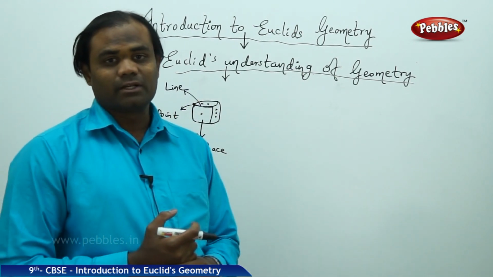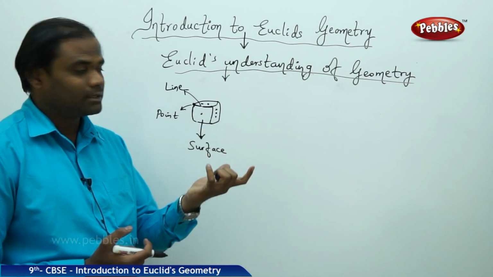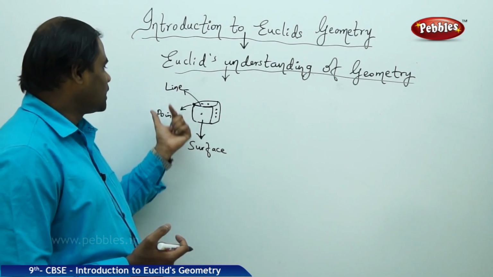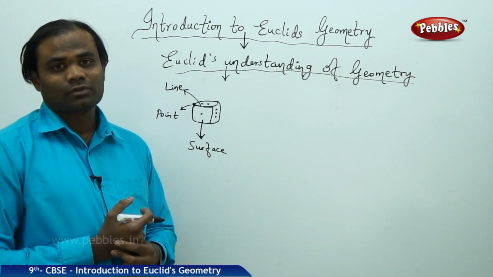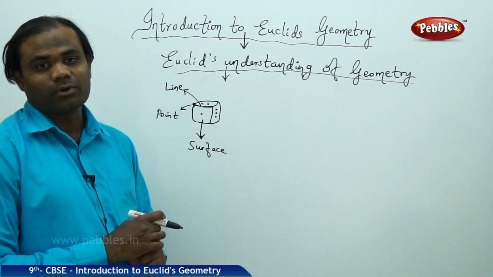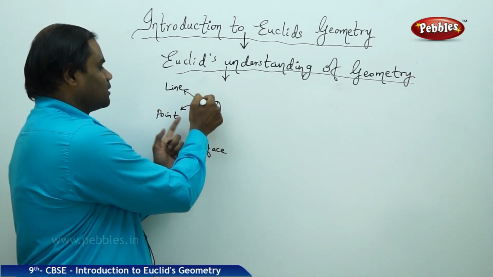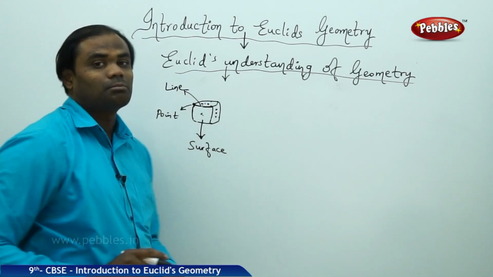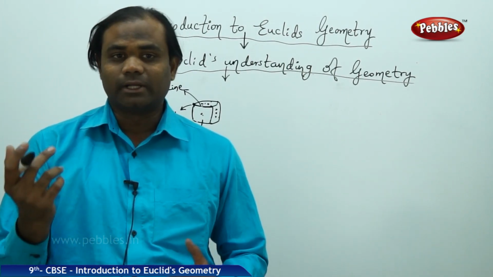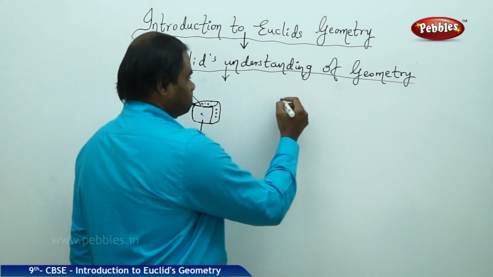This is how we understand a 3-dimensional object like a die, separated first by a surface and then by a line and a point. All the surfaces make the line and all the lines make the point. With each surface making the line and each line making the point, this is how Euclid came to the introduction of geometry.